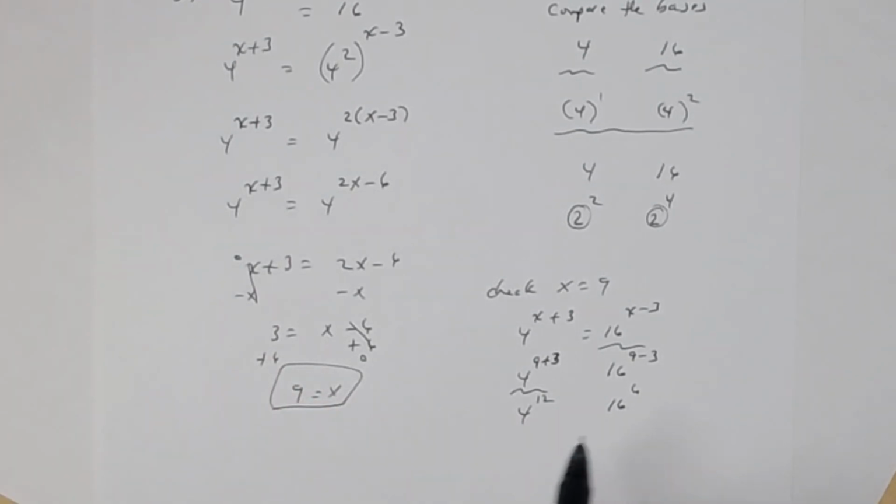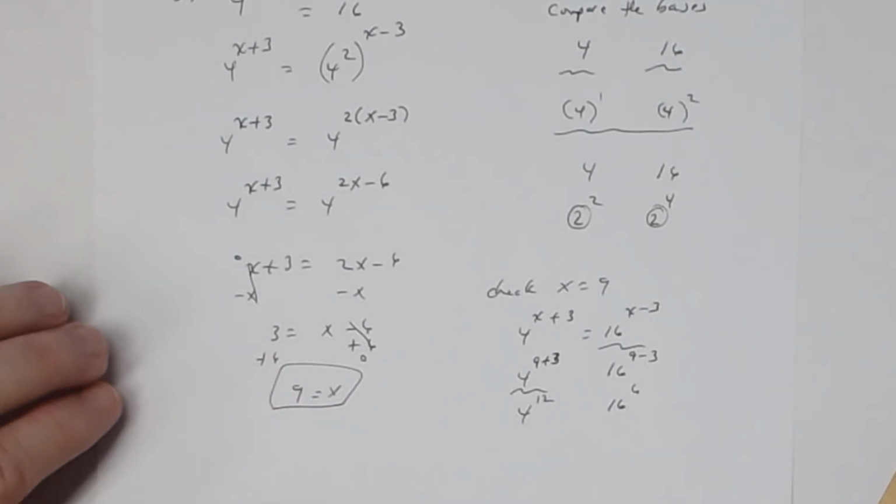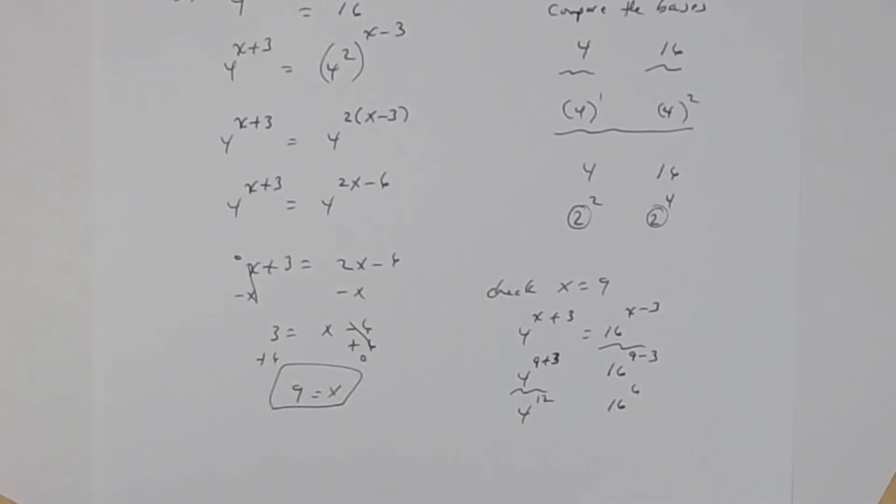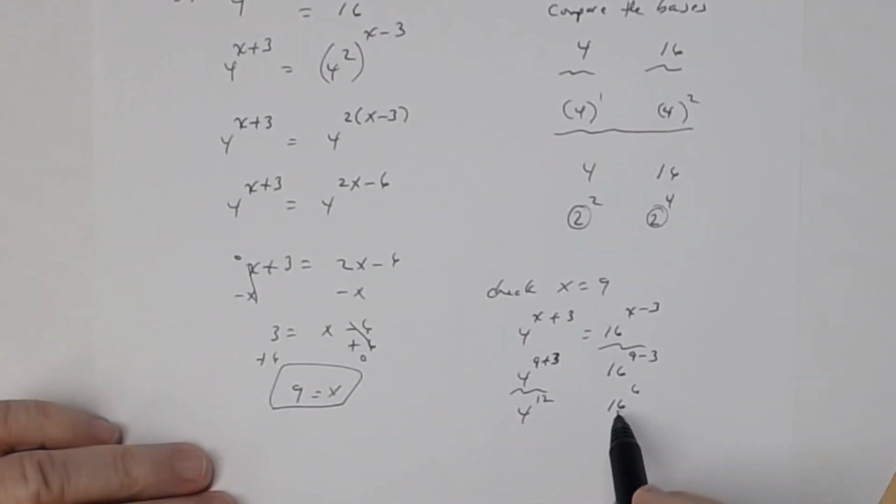Well, you have access to a calculator, but you can also just real quickly remember that 16 is 4 squared, so 4 squared to the 6, and then 2 times 6 is 12. So this is 4 to the 12th, which is what this is.